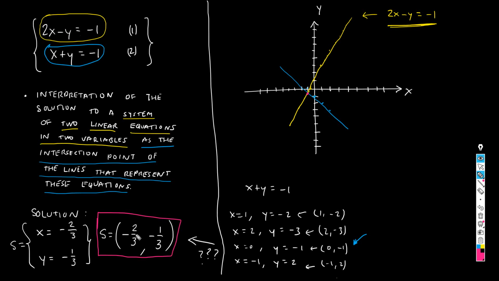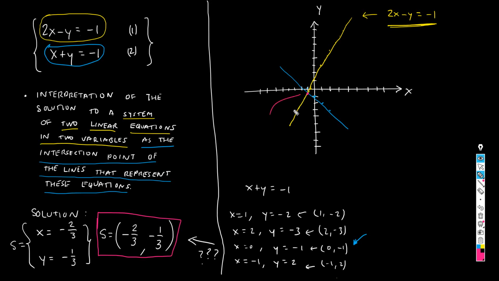It was a point minus 2/3, comma, minus 1/3, which is supposed to be this point. Of course, it doesn't look that good in here. It's hard to do this with this tool, but it's this point. It's minus 2/3, comma, minus 1/3. It's the point at which the line, which is representing this equation, and the blue line, which is representing this equation, cross.